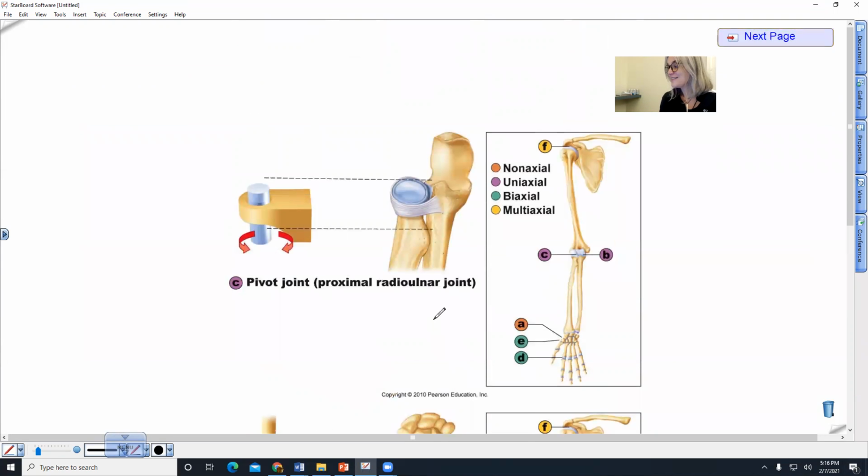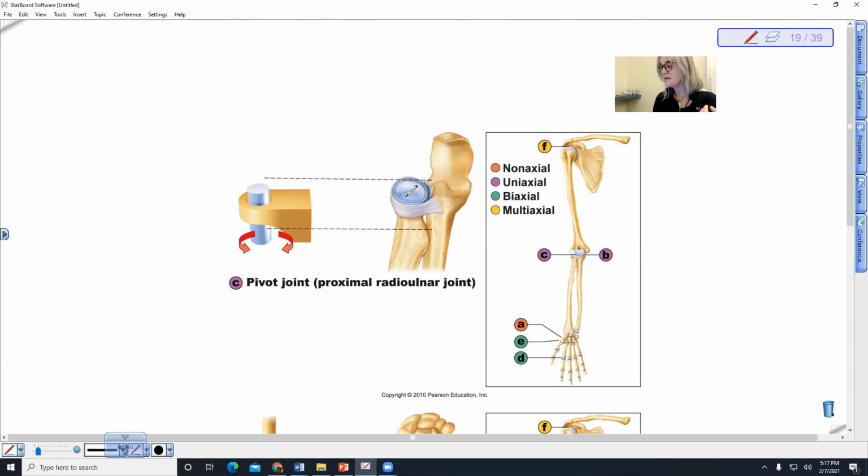If we look at the pivot joint, so remember that this would be the ulna. This is the head of the radius, and it's sitting in the radial notch on the ulna. And there is some fibrous connective tissue that is wrapped around that head. And that head can rotate.